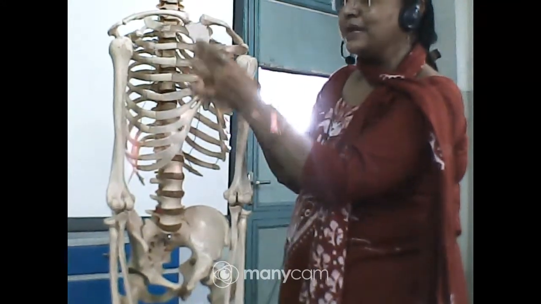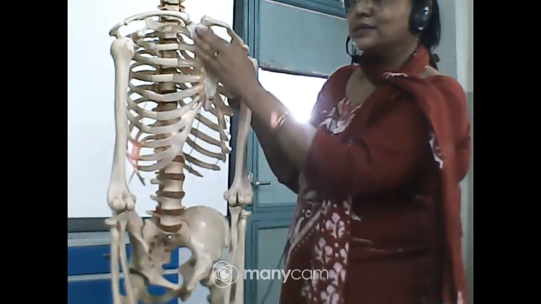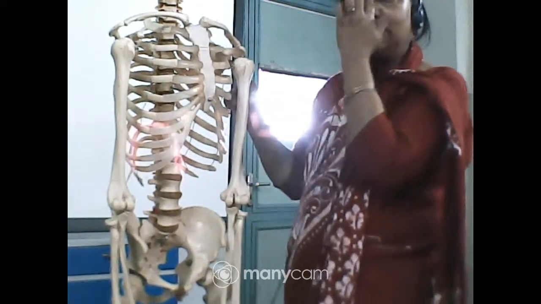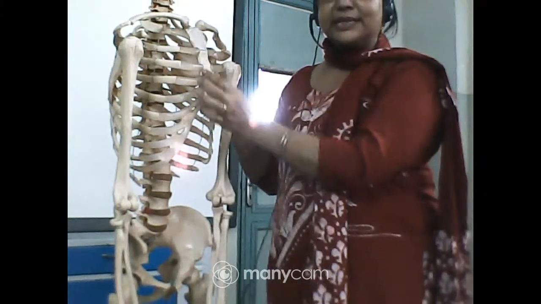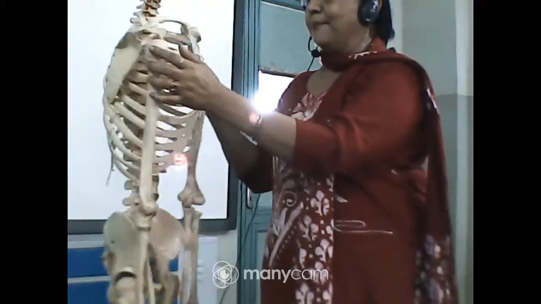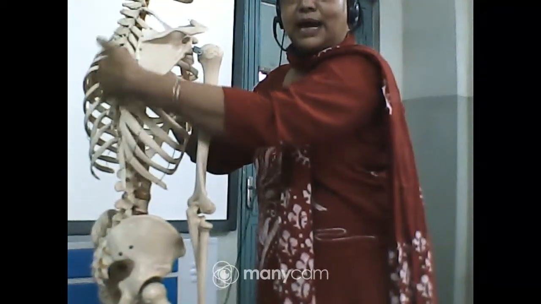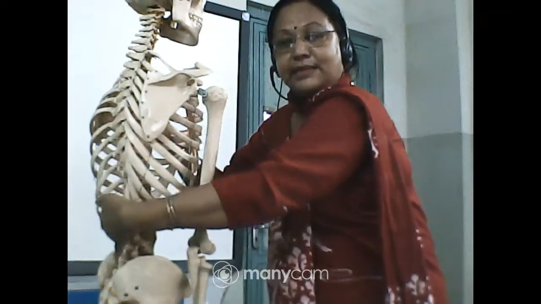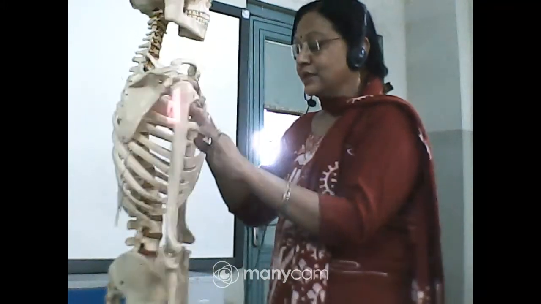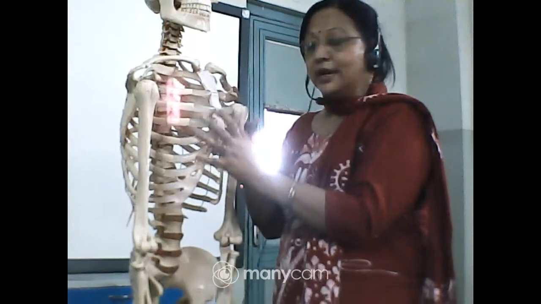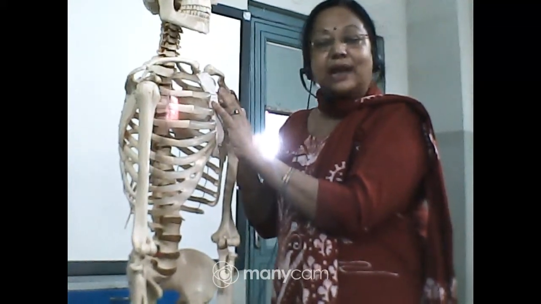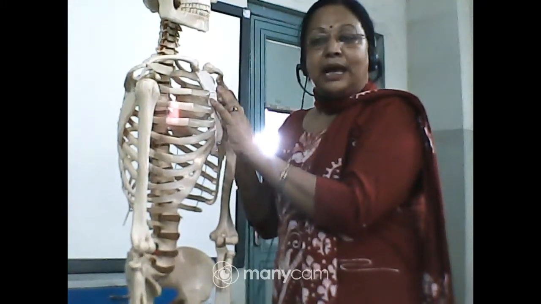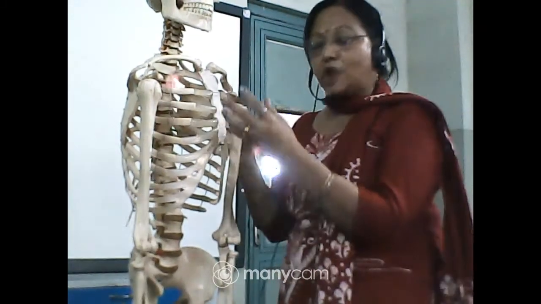This is called the breastbone, or you can say the sternum. In scientific language it is the sternum, but in common language we can say breastbone, and in the back all these ribs are attached to the vertebral column, forming the rib cage. Clear to you? So, what is the function of this rib cage? Within this rib cage, all of our delicate organs like the heart, lungs and liver are present.